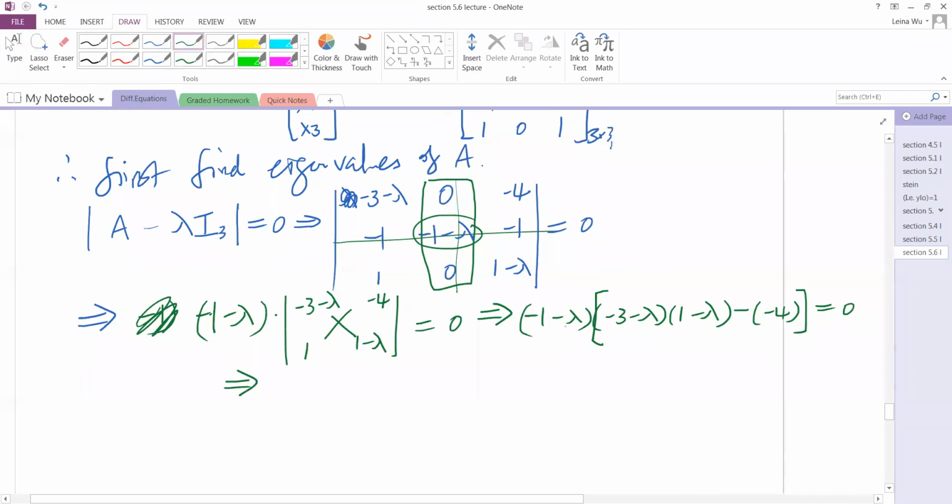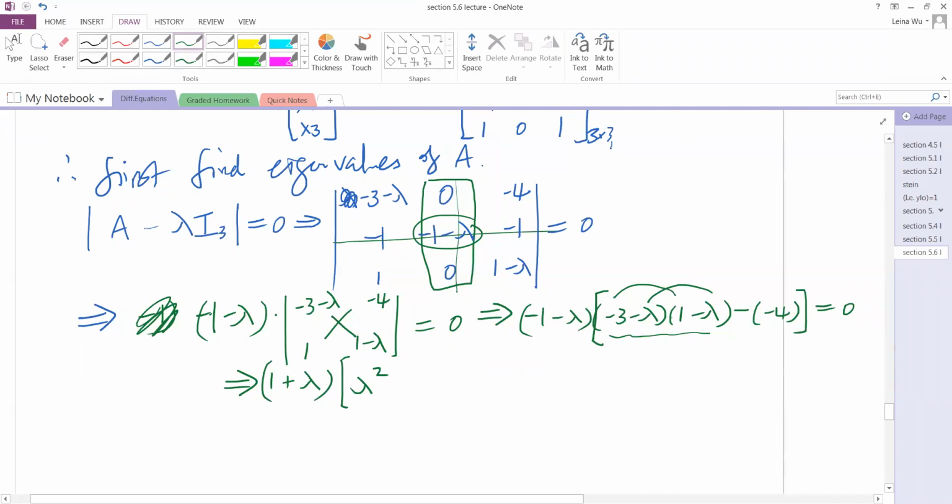Keep going. I'm going to multiply -1 on both sides to negate these two negative signs. So it'd be 1 plus lambda. And inside of here, I'm going to do foiling. First of all, I'm going to get lambda squared from negative lambda times negative lambda. And then what's going to be the linear term?